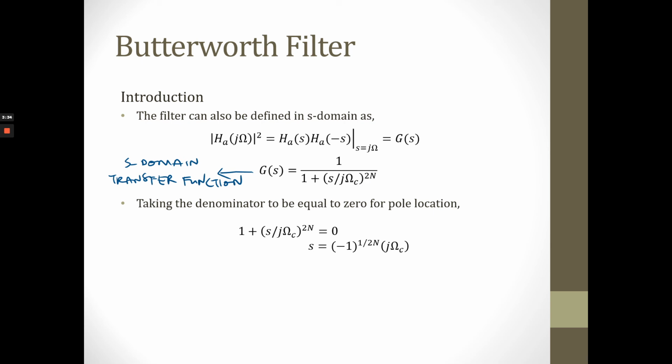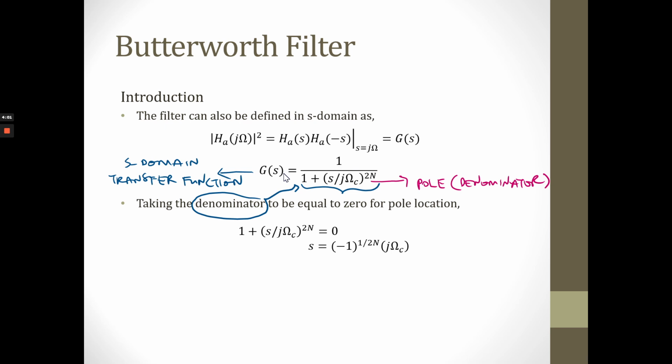So we're taking the denominator to be equal to 0 for pole location. This is the denominator of the transfer function in the S domain and this is the numerator. To determine the pole, we use the denominator, and to determine the zero, we use the numerator of the transfer function in the S domain.